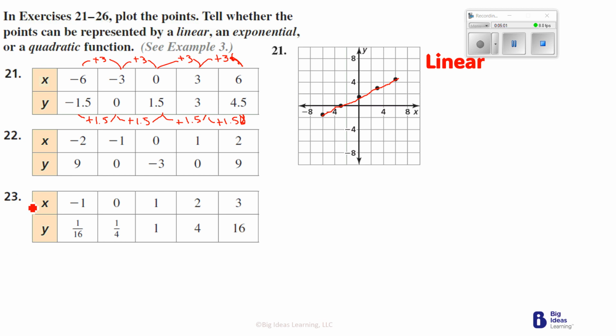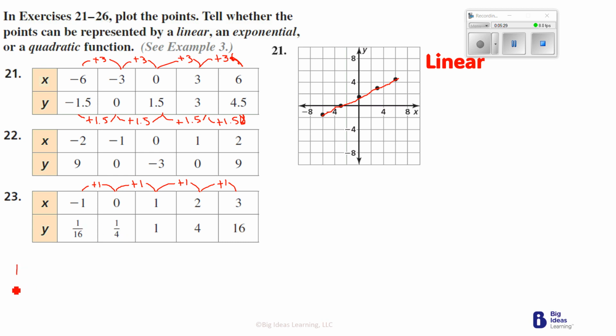I'm going to look at number 23. Over here, we're adding 1, and then adding 1 again, another 1, and 1 more. And over here, in order to get from 1 over 16 to 1 over 4, we would have to multiply by 4, right?